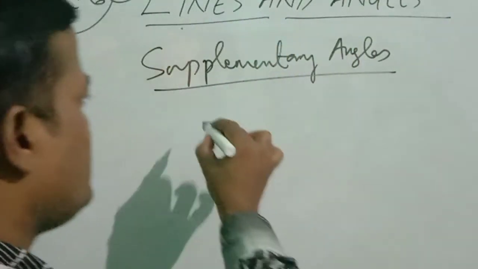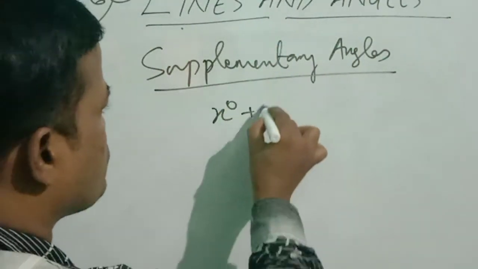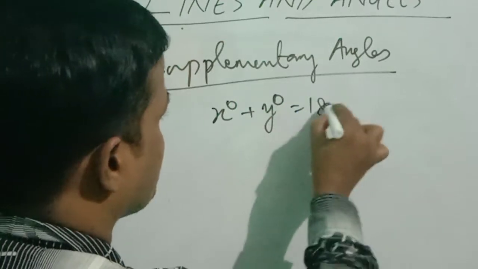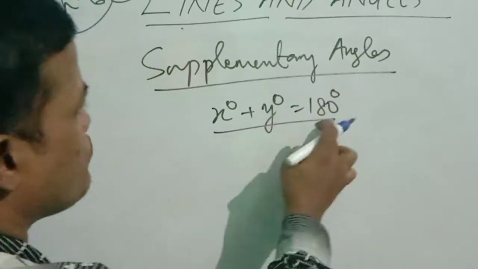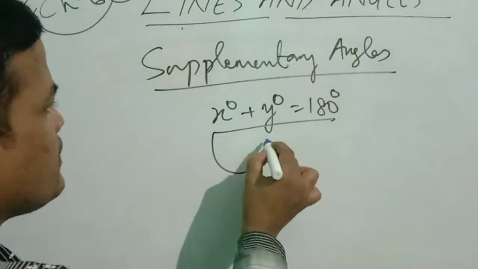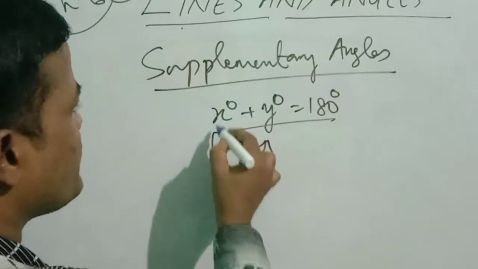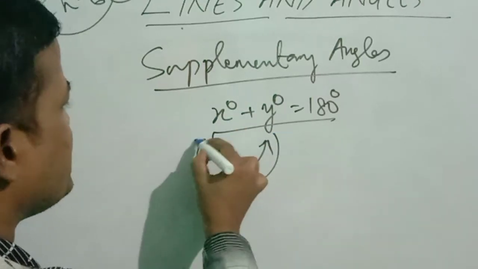That means suppose x degrees plus y degrees is equal to 180. If the sum of x and y is 180 degrees, then the supplementary of x is y, and the supplementary of y is x.